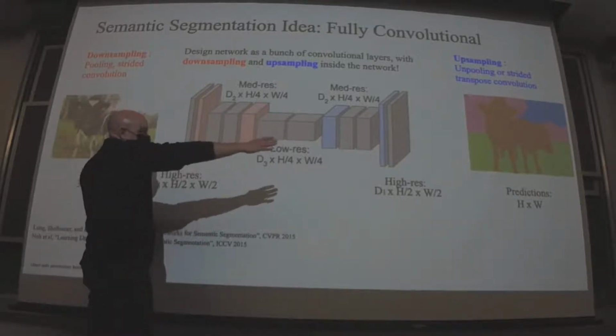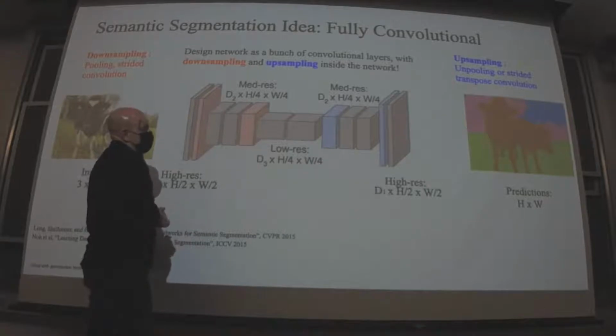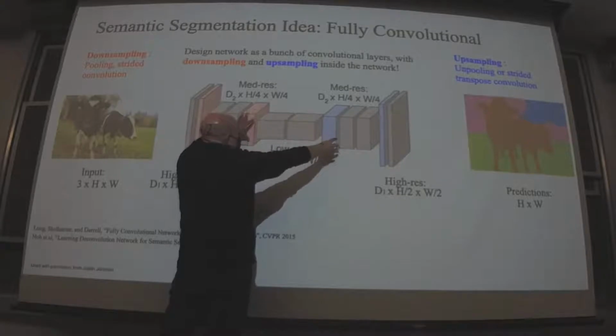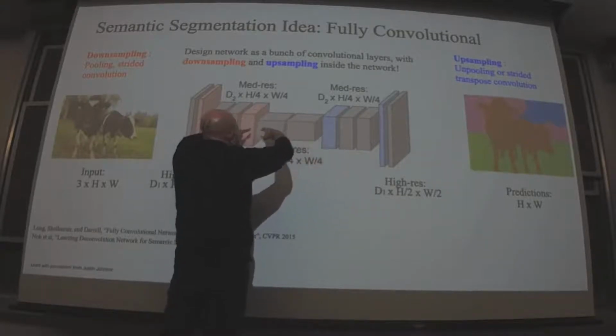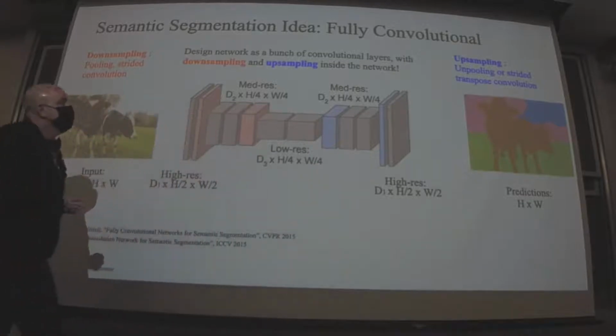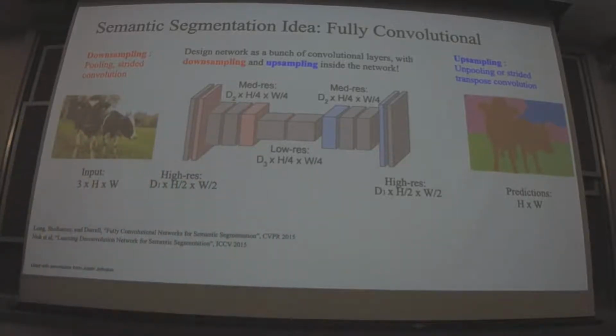They're very common in semantic segmentation tasks, and they create skip connections from matching layers in a symmetric downsampling and upsampling. It doesn't have to be that way, but it's often done that way.